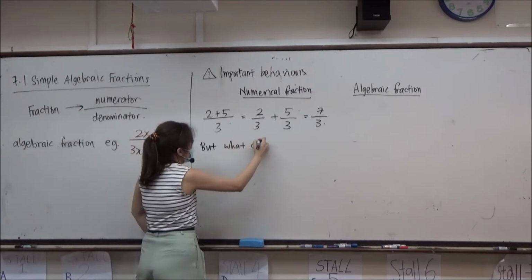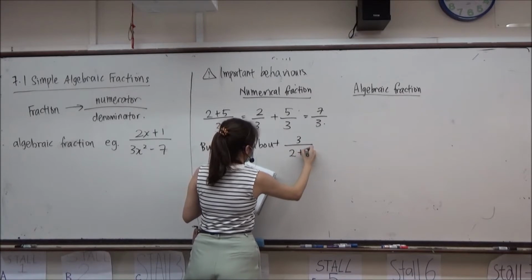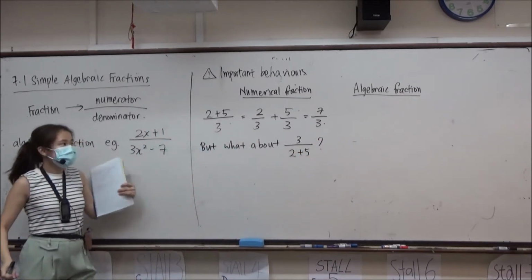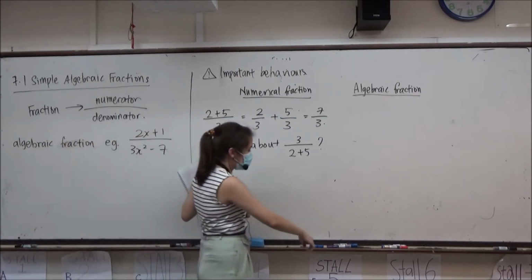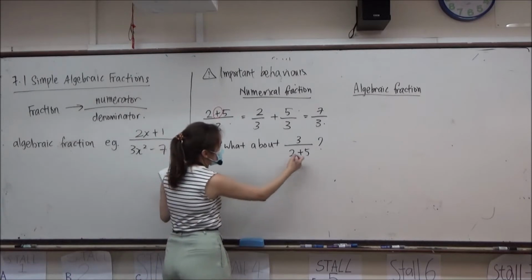But what about 3 over 2 plus 5? Instead of having the plus sign at the top, I now have the plus sign at the bottom.